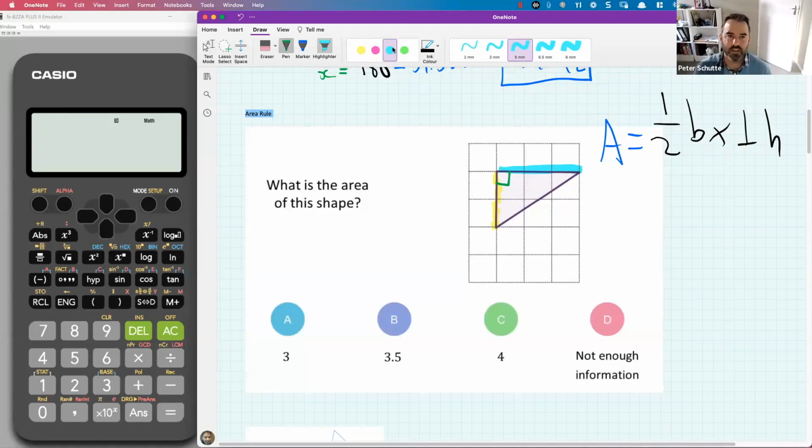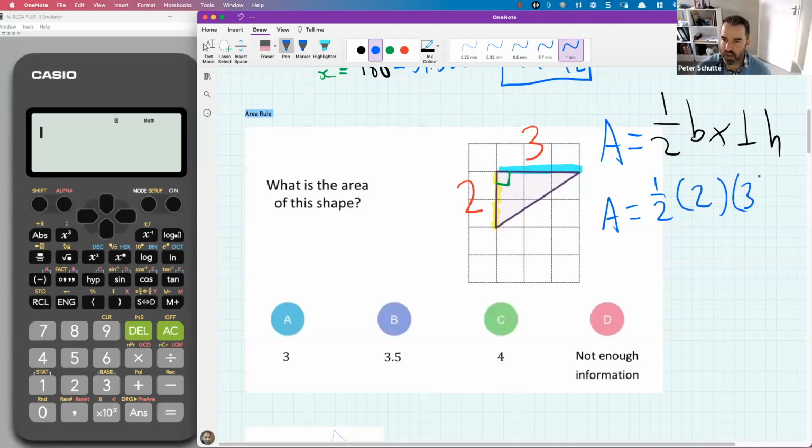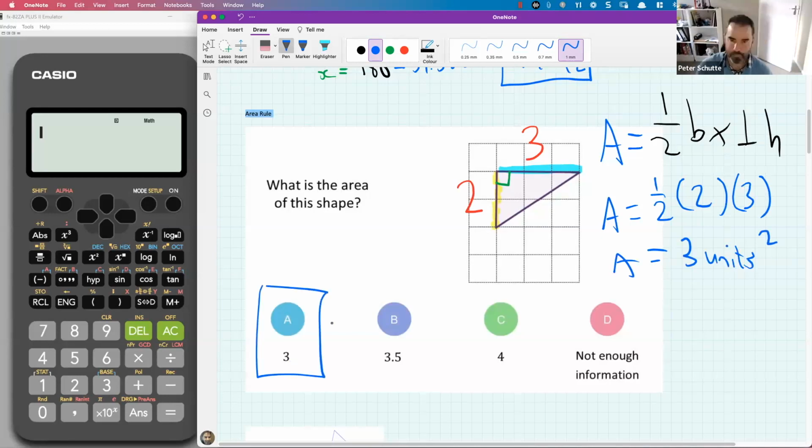I'll give you another hint. Imagine this is 2 units and that is 3 units, because I'm counting 1, 2, 3. So the area should be a half. And let's say if the base is 2 and then the height is 3, what's that going to be for my area? I think it's going to be 3 units squared, which is A.